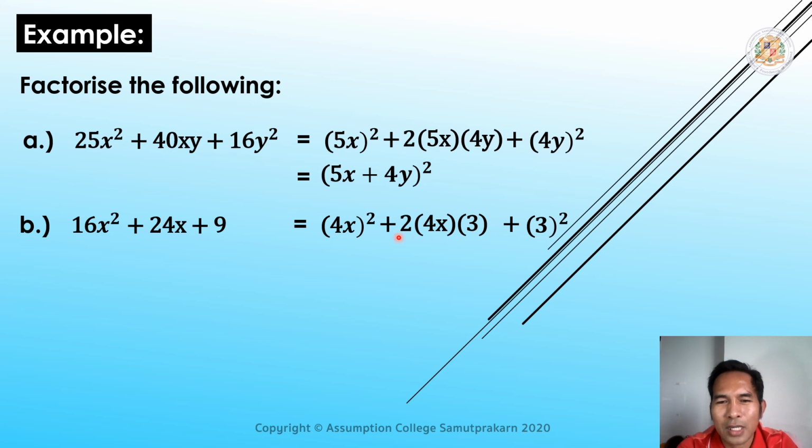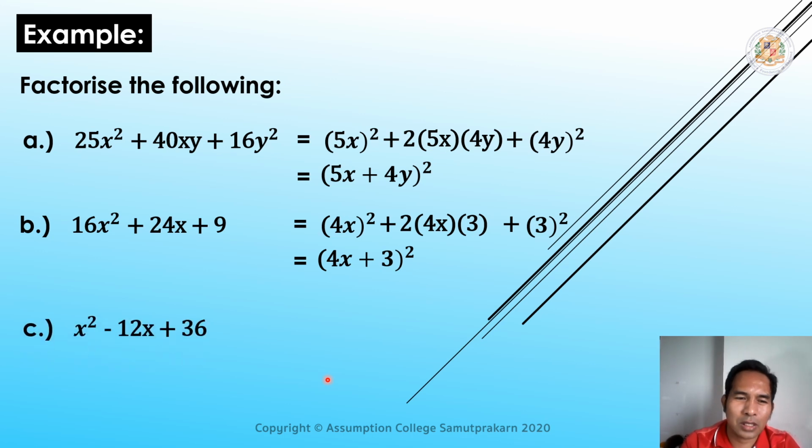So therefore, it complies. This one is equal to the middle term. So that means this is a perfect square. What is the factor? The factor is the quantity a plus b squared. So 4x plus 3 squared.